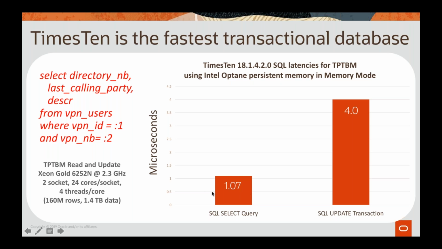So a primary key lookup takes about a microsecond. An update takes longer because it does ACID transactions. We need to be able to deal with the redo and undo. So there's more going on under the covers, so it takes longer. So this was performed on an Intel Xeon Gold CPU going at just on 2.3 gigahertz.